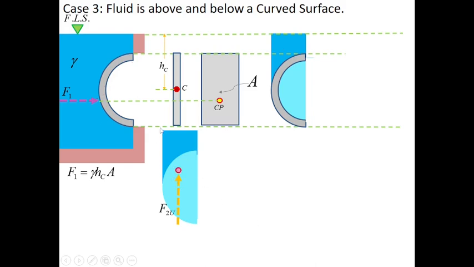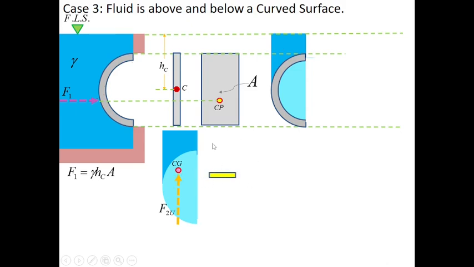So, dahil pinagsamang area yan, ang center of gravity ay nandito. Kumbaga, kung area yan, saan yung centroid ng area na yan? Nandito. Okay?